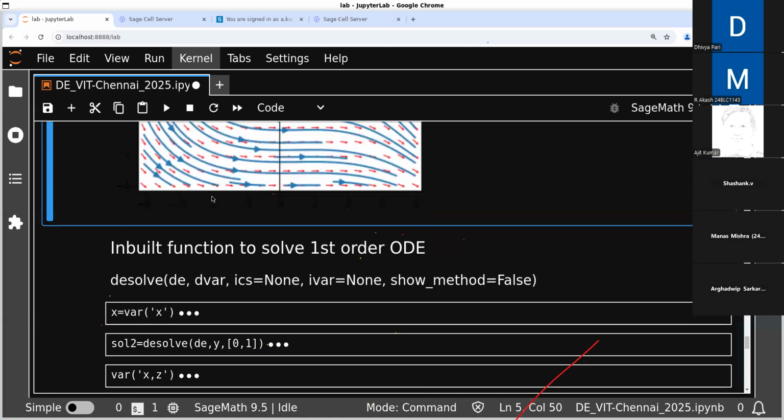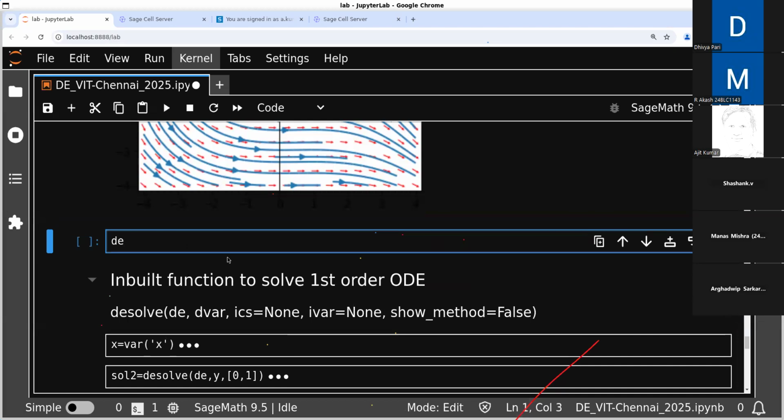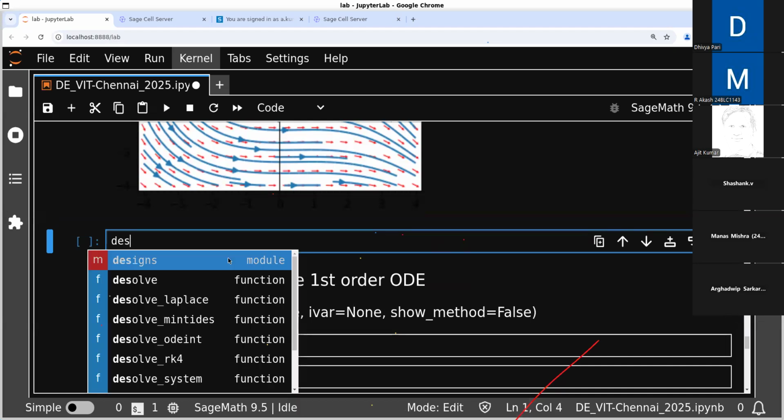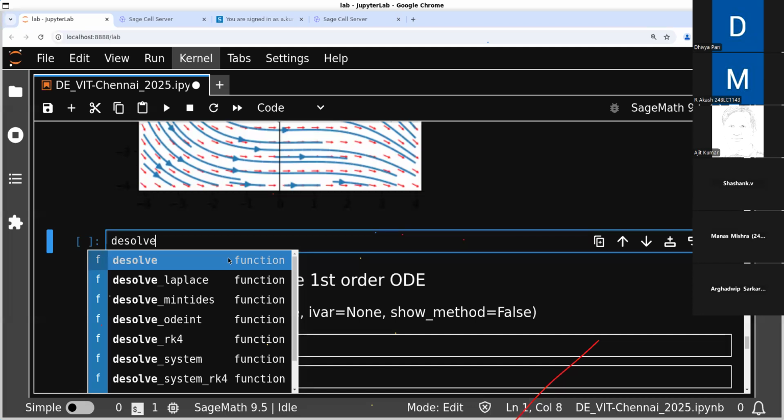Now, if I solve this using Sage, Sage has several inbuilt functions. One of them is called desolve. If I put desolve and then tab, you can see several functions. desolve_laplace will solve using the Laplace method. desolve_mintides uses a certain package.